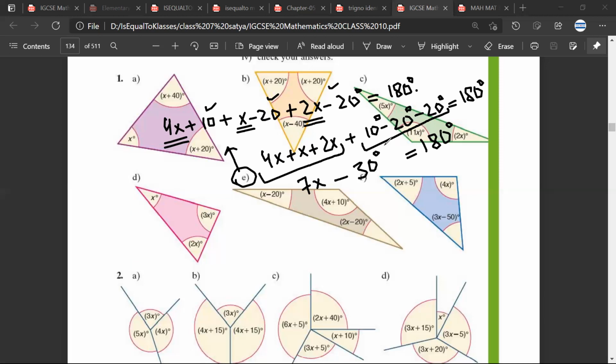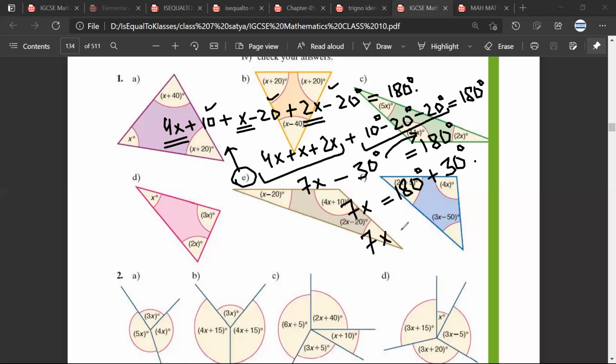Any doubt? No. What do I do next? Then we have to divide 30 by 7. 30 by 7. Yeah. Why? This minus 30 will come on the right hand side.